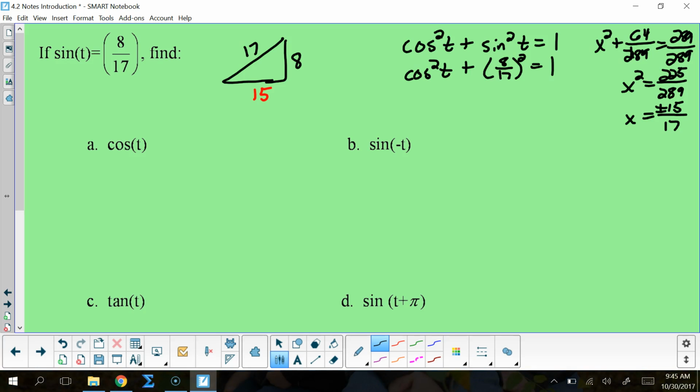Okay? Now, thinking about it triangle way, how do I get that plus or minus in there? Because the answer for the cosine of t is plus or minus 15 over 17.